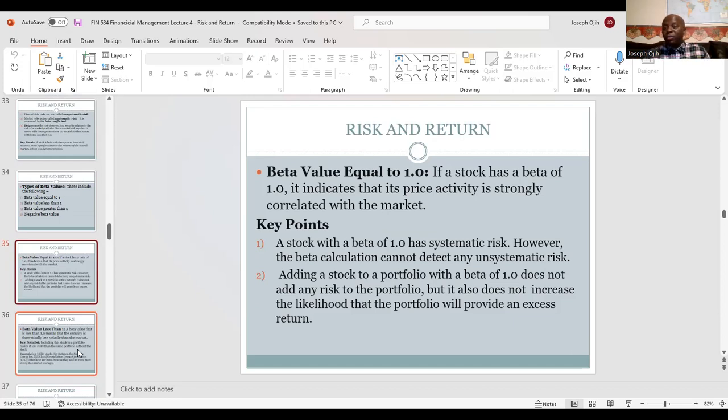Remember, this is the number that we use to represent market beta, which is 1. If a stock has a beta of 1, its price activity is strongly correlated with the market. That means if the market goes up, that stock goes up. If the market goes down, the stock goes down.